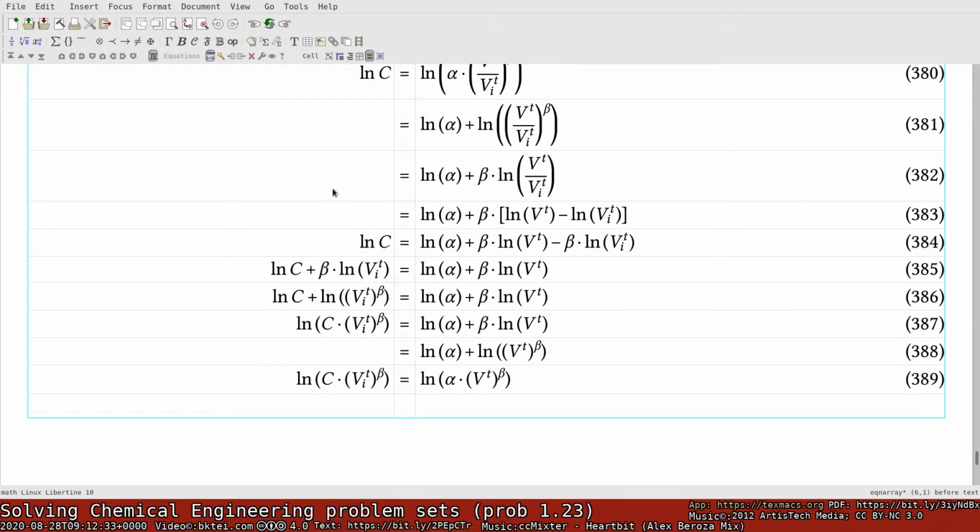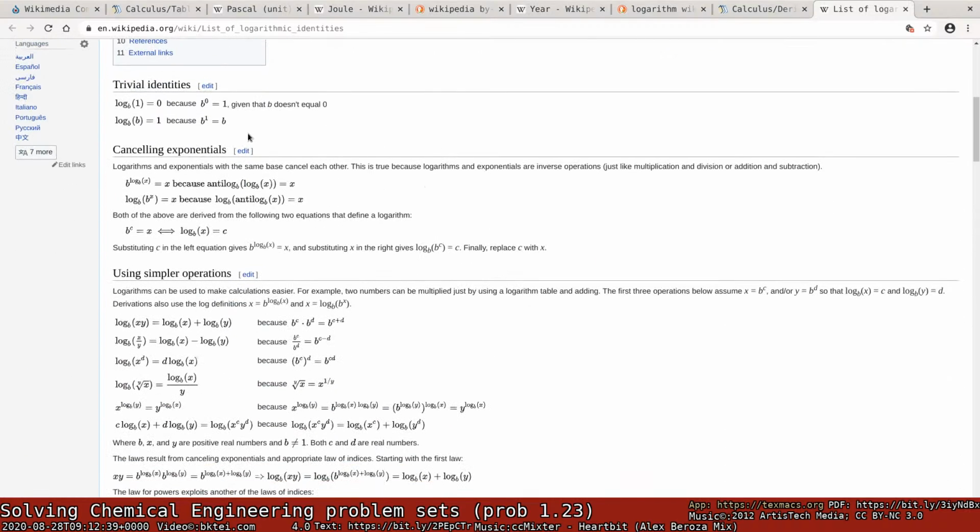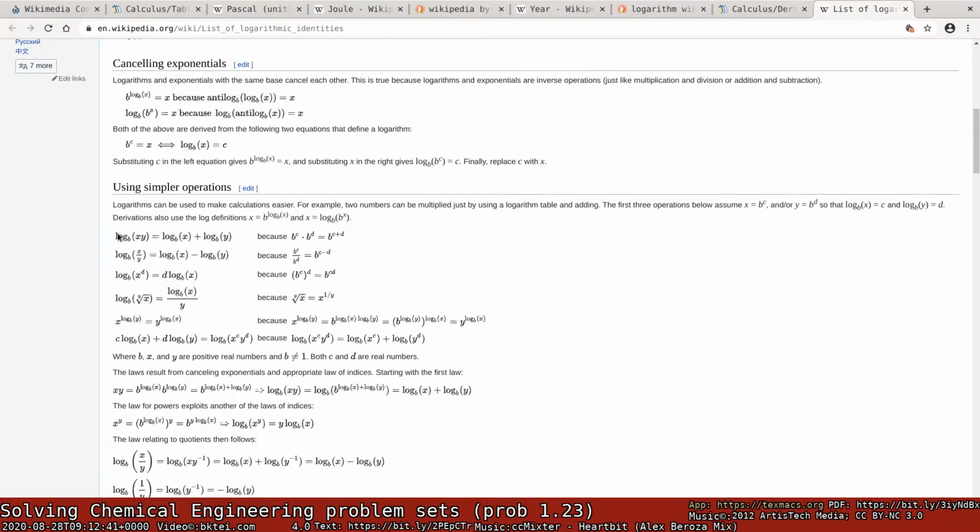Well, let's see. Just to make sure I'm okay, list of logarithmic identities. Yeah, so we're doing log of two things multiplied together is equal to the log of the first thing plus the log of the next thing. Yeah, so I think we're good. Oh, yeah, I guess that makes sense.